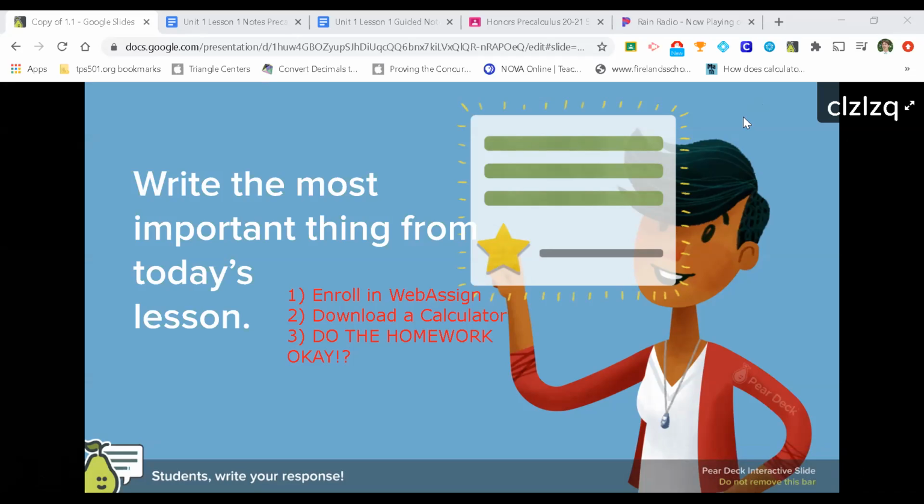Or, to be more honest, okay, we'll see how this works. If you have an Android, you can go to this app called Wabbit Emu and download that as your calculator, and it'll just put a little emulator of it on your phone.